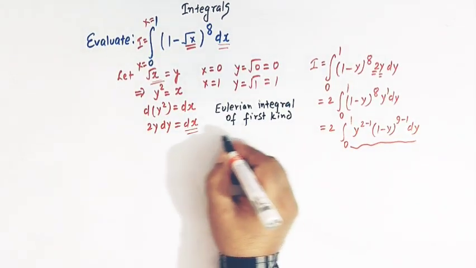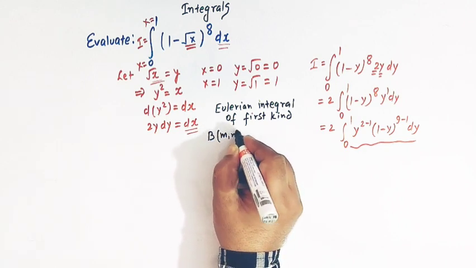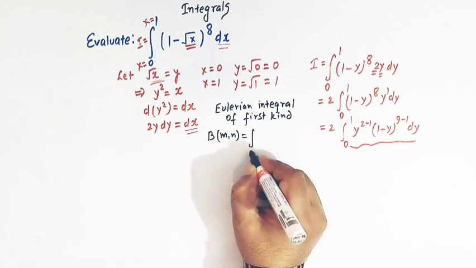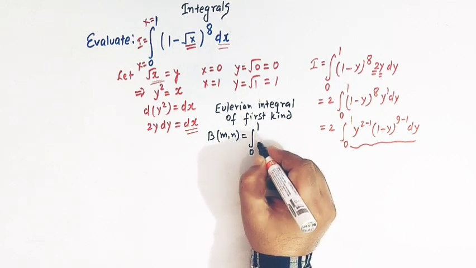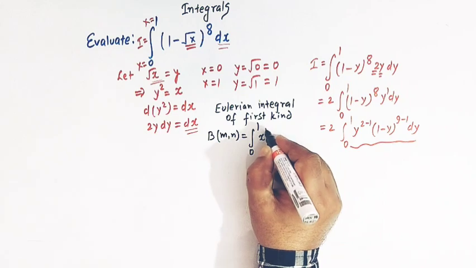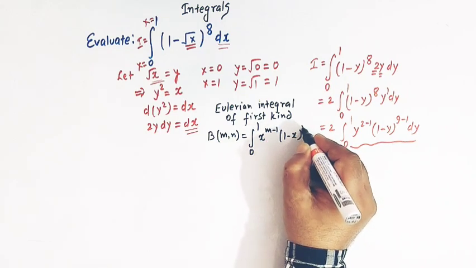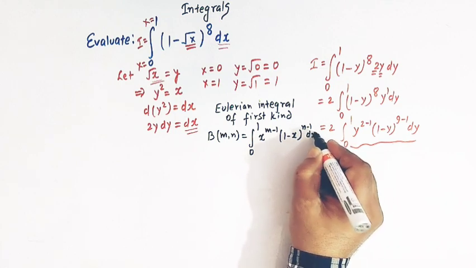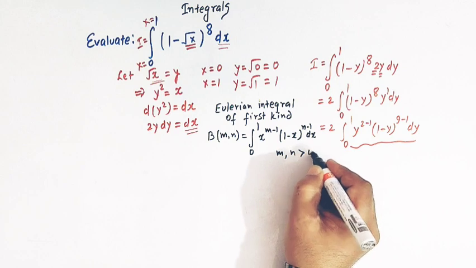Now see, the beta function, that is beta(m, n), is defined by this integral, that is from 0 to 1, x raised to m minus 1 and (1 minus x) raised to n minus 1 dx, where m and n are greater than 0.